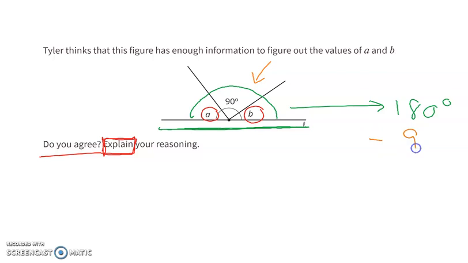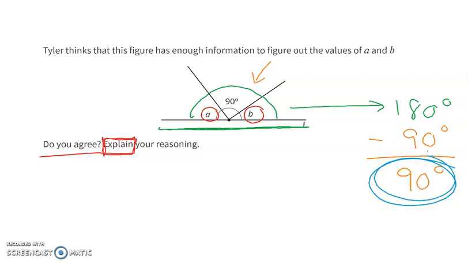So if we subtract off that 90 degrees, we are left with 90 degrees. How wonderful. But at this point, all we know is that A plus B has to give you 90 degrees. The question is, do you have enough information to move forward from here?